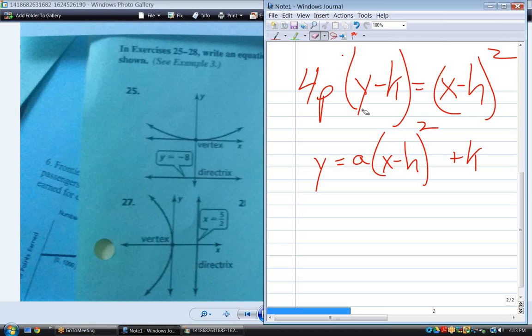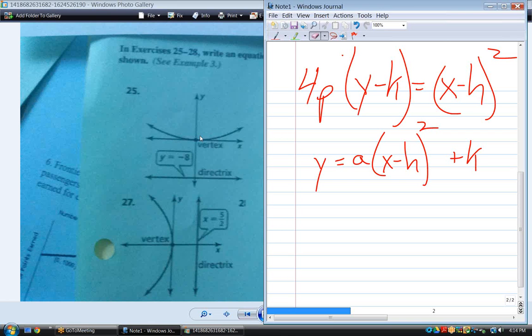What is P? P is the distance from the vertex to the focus, or the distance from the vertex to the directrix. All right. So looking at our graph, what is P? It would be 8. Yeah.